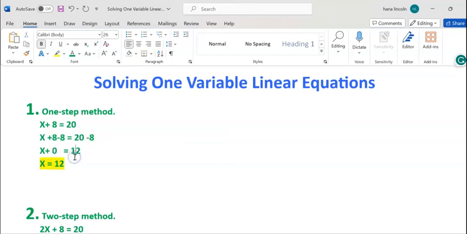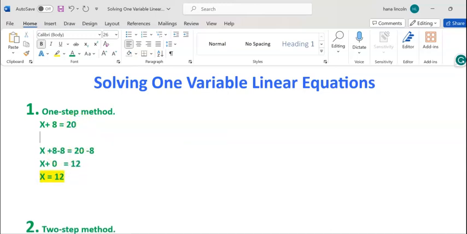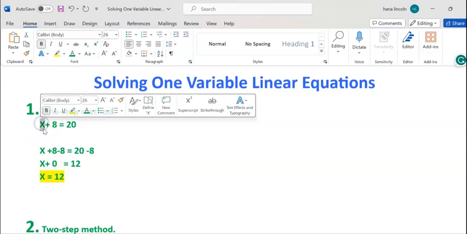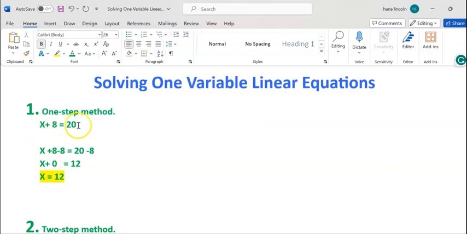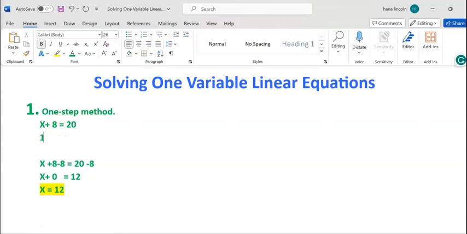Now you can check it by plugging the value of x, which is 12, into the original equation. So x is 12. In the place of x, just plug in 12, plus 8, copying the original. Equals, I just copy the top one, the original.